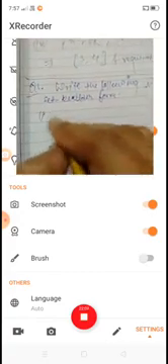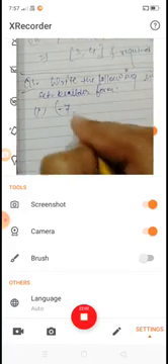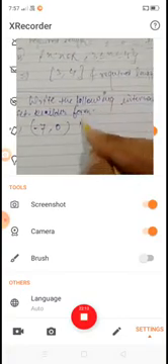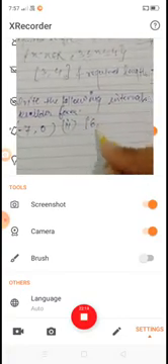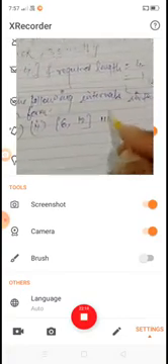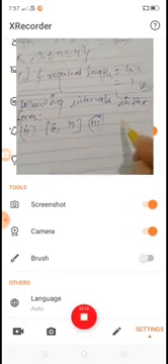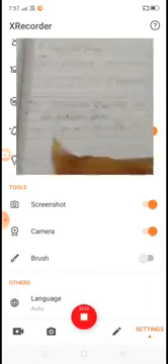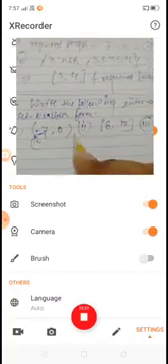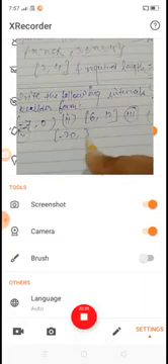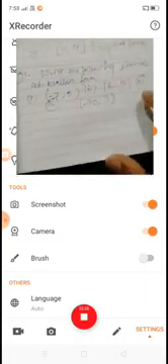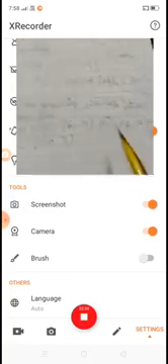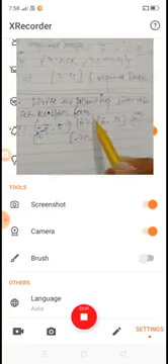First one, minus 7, 0, both are in open interval. Second, both are in closed interval, 6, 12. Third one is a semi open interval. And 4, 1 is a semi closed interval. Okay, we write all the following intervals in the set builder form.